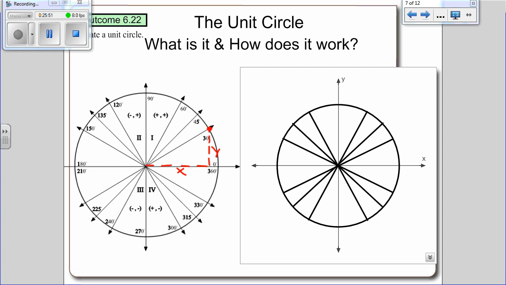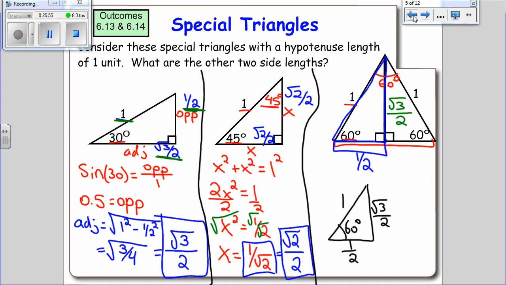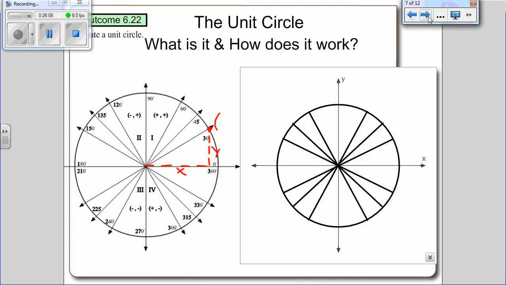So according to my special triangle, my y value should be a half, and my x value should be root 3 over 2. So 1/2 and root 3 over 2.